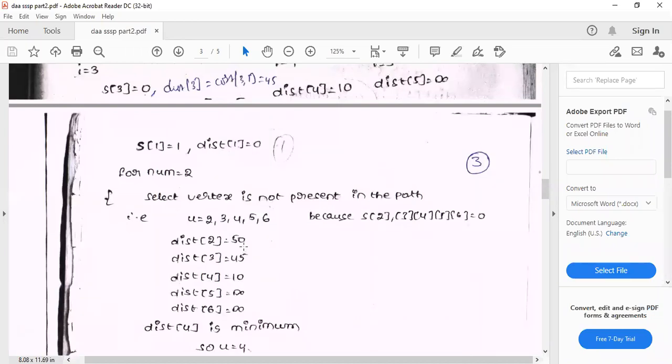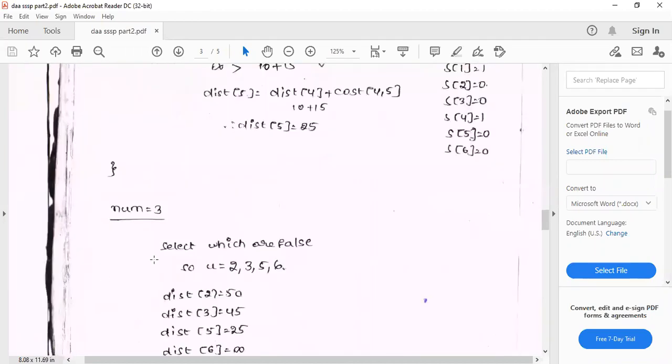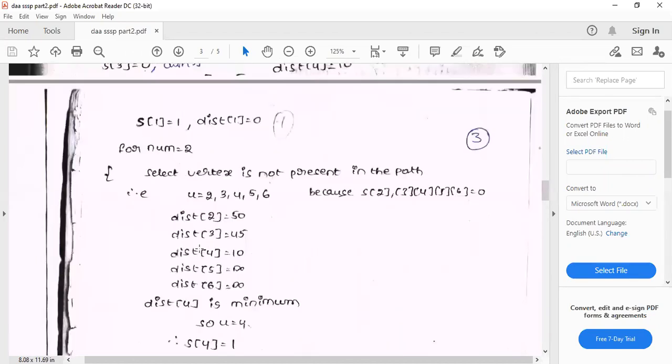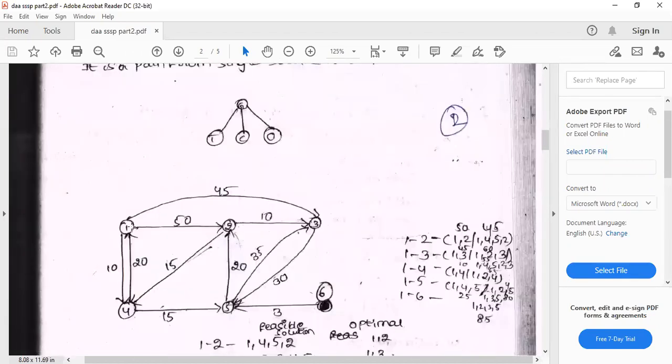Next we visit the next nearest vertex by using the fourth vertex. In iteration 3 you are selecting the next nearest vertex by using the fourth vertex, that is 1 to 4, 4 to 5. After visiting the fourth vertex, the next nearest vertex is the fifth vertex.